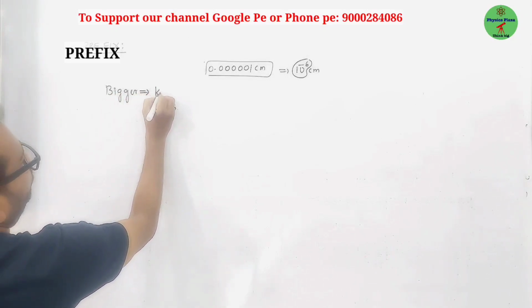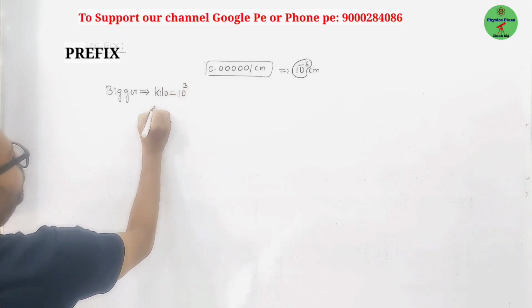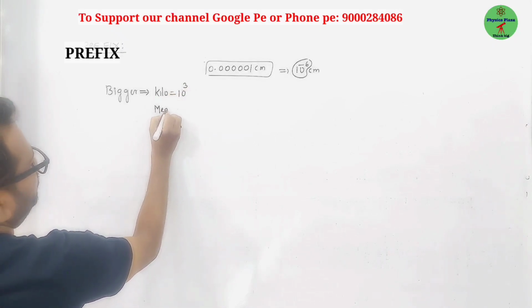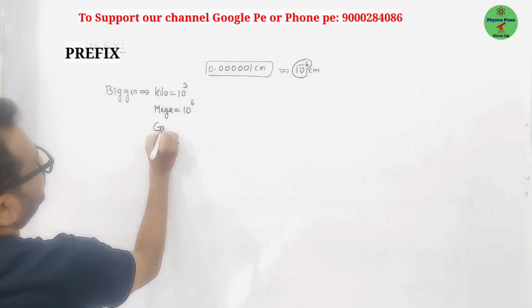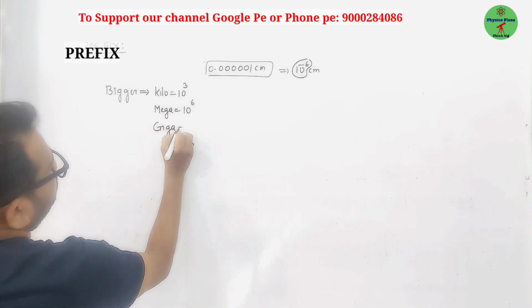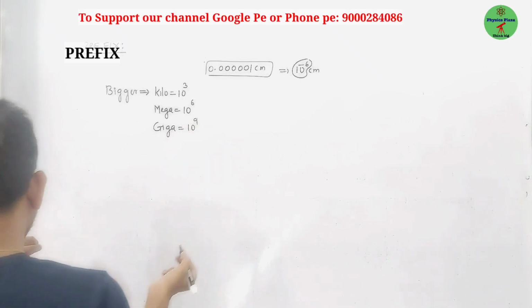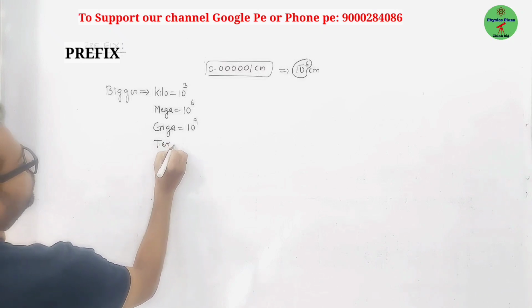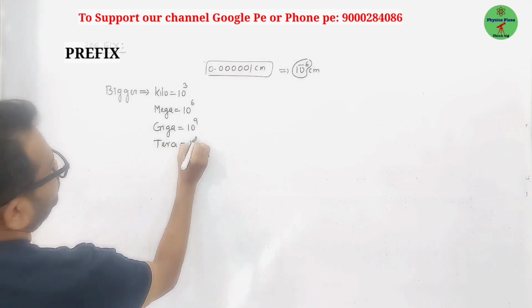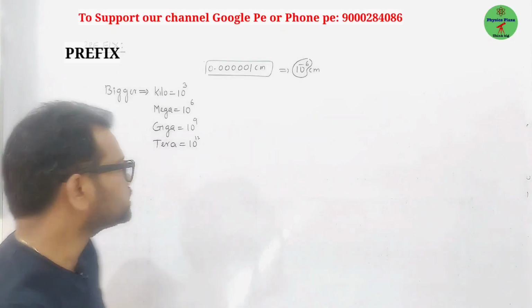Usually, to express bigger numbers, we use kilo. Kilo is 1000, that is 10 power 3. Mega is 10 power 6, and giga is 10 power 9. Tera, if you want, we can also use, that is 10 power 12. These are some prefixes used for bigger numbers.